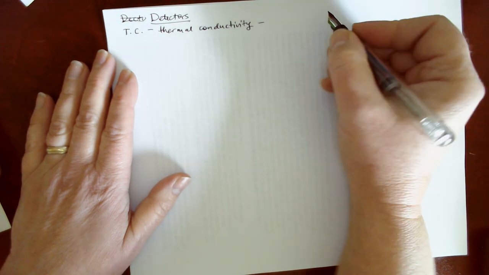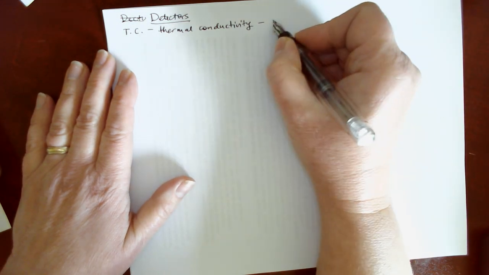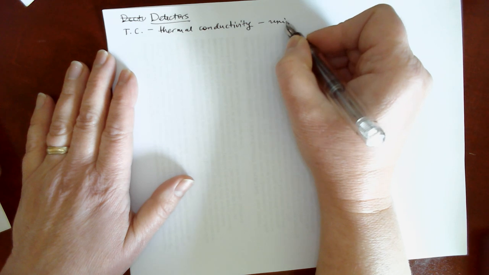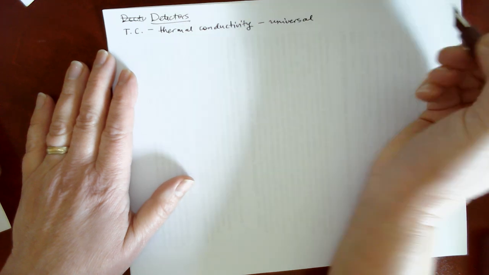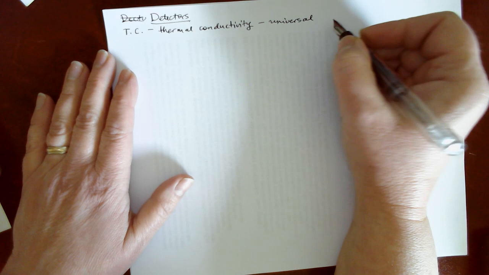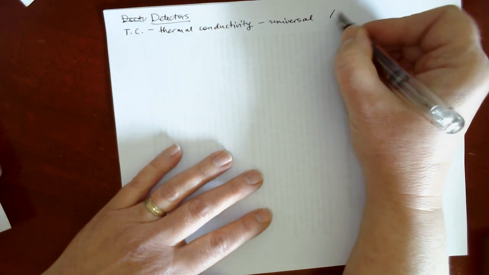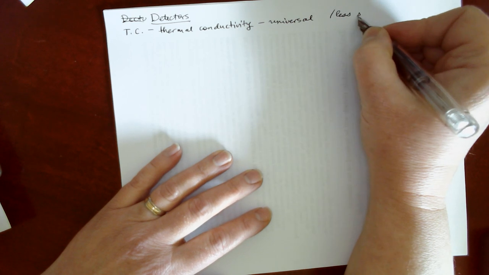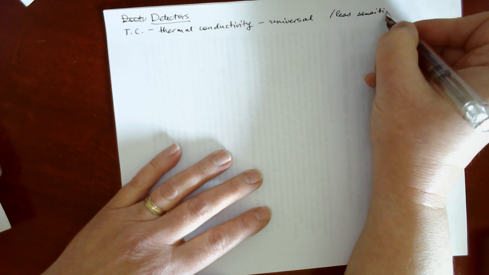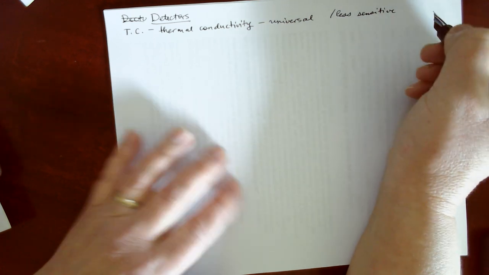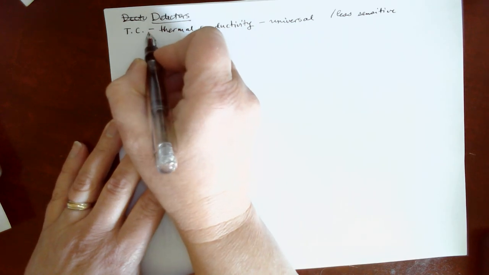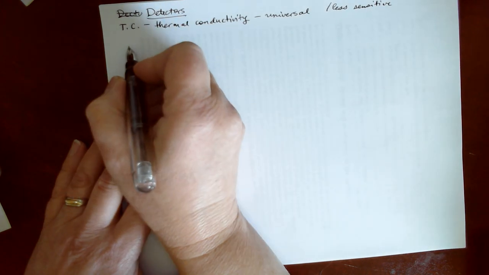Okay, so as they mentioned, thermal conductivity detectors can detect anything. And so this is one of the advantages of having a thermal conductivity detector, but they are a little less sensitive than some, and so that might be a reason why you don't select a thermal conductivity detector.